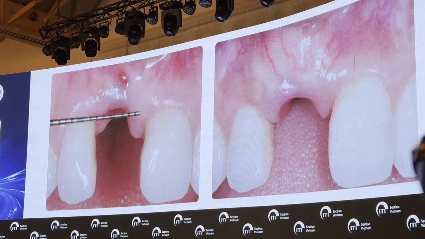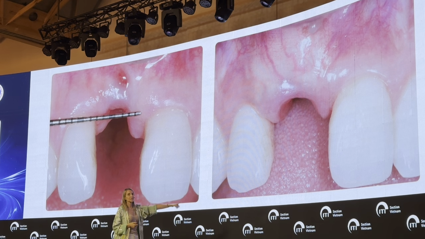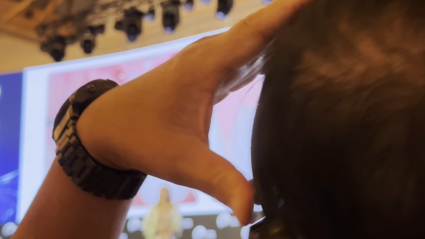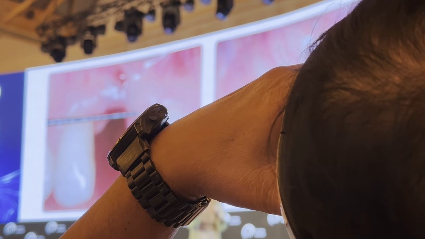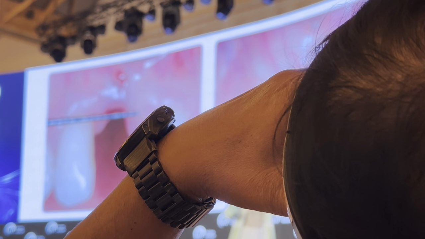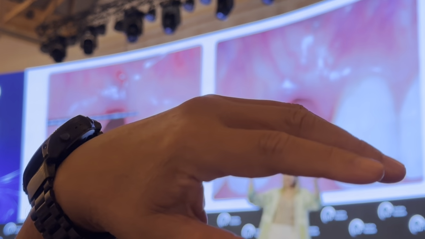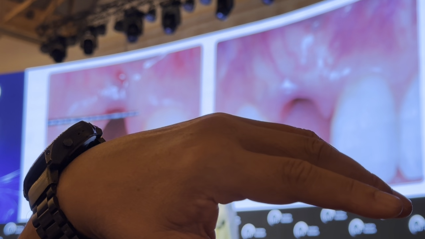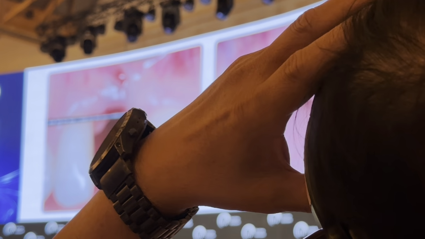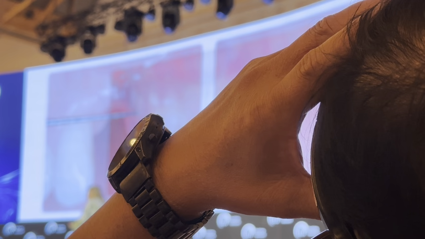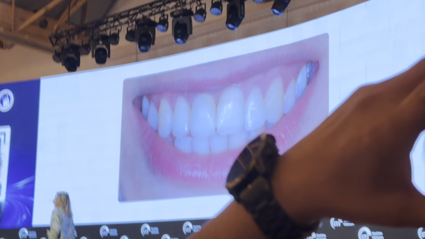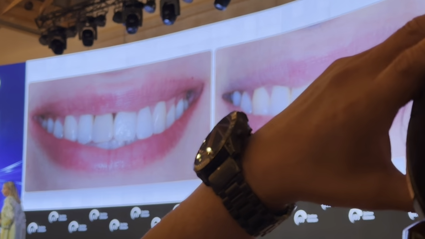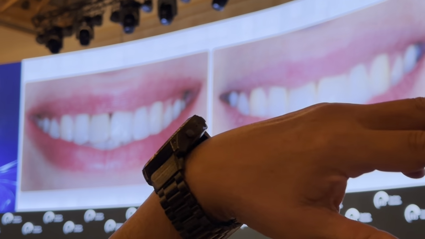And if you look, as I'm saying, I'm a periodontist, look at the gingival recession that was affecting the two adjacent teeth. They are theoretically not possible to be covered because of the lack of the interproximal support, but with this technique, you can also increase the coverage of RT3 recession defect.